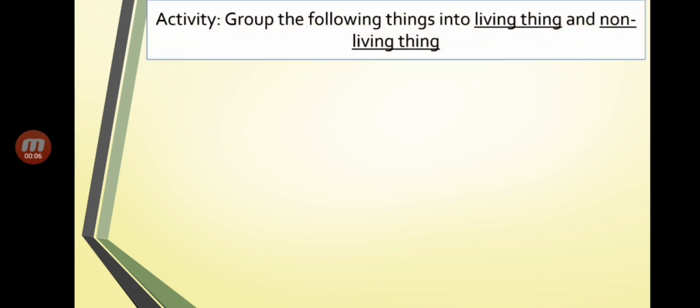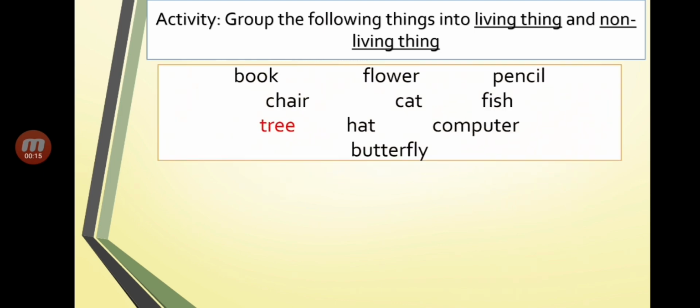Now, this time for our activity, let's do this one. Group the following things into living things and non-living things. These are the words: book, flower, pencil, chair, cat, fish, tree, hat, computer, and butterfly.